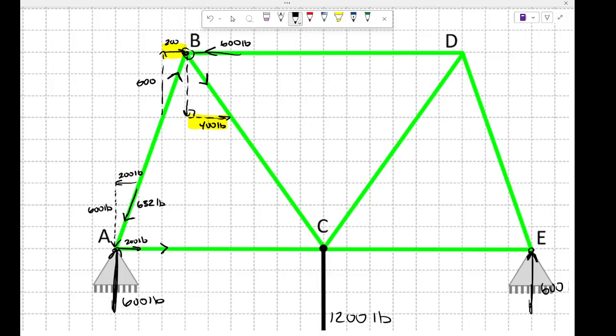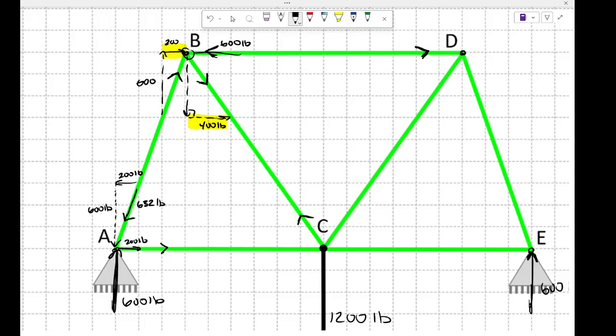So if BD is pushing on that member, well, then we also get that same 600 acting at point D. All right, so we have this member acting that way and responding in kind here. This one's acting down and towards this joint, and so it's also going to pull on this joint C, right?